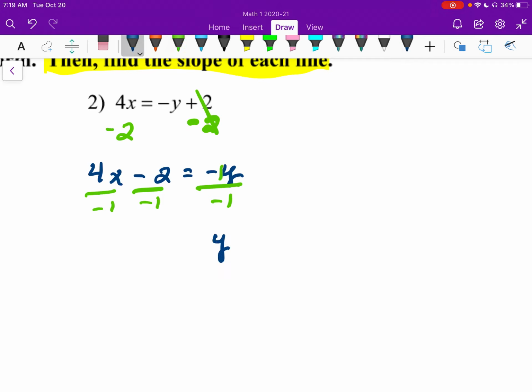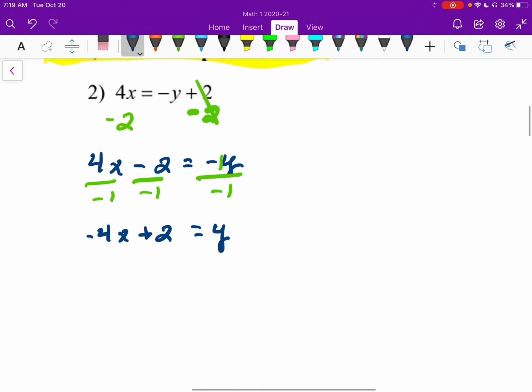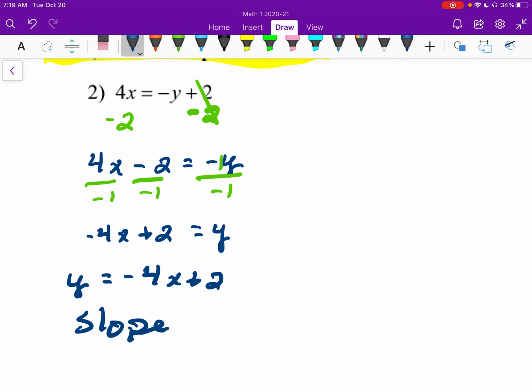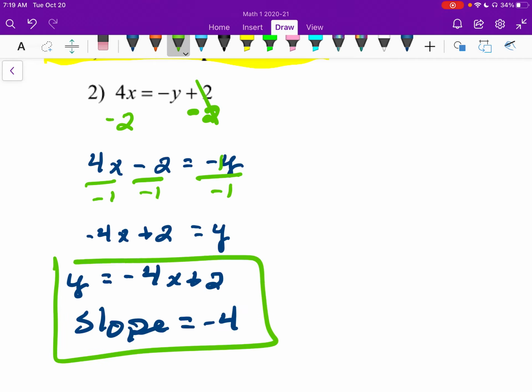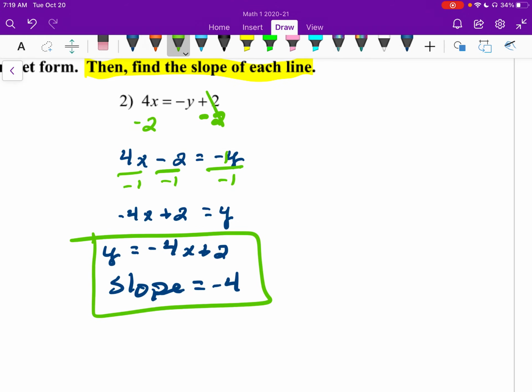And I get a y on the right, and on the left I'm going to have negative 4x plus 2. Now just to rewrite that, y equals negative 4x plus 2, and our slope is negative 4. There we are, that's number 2.